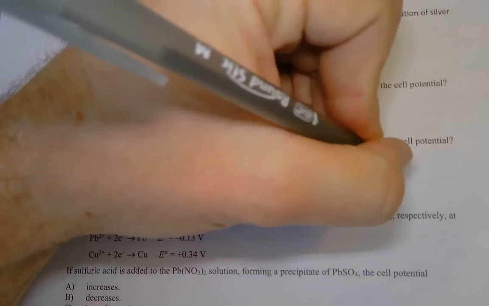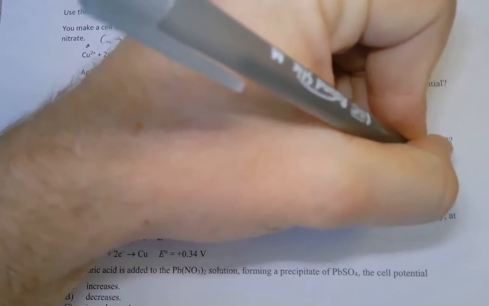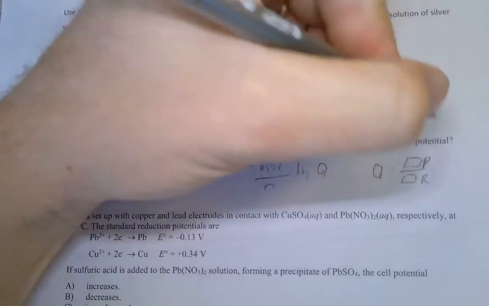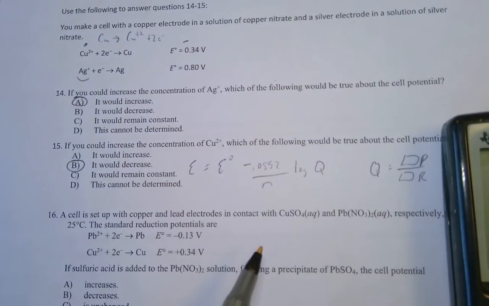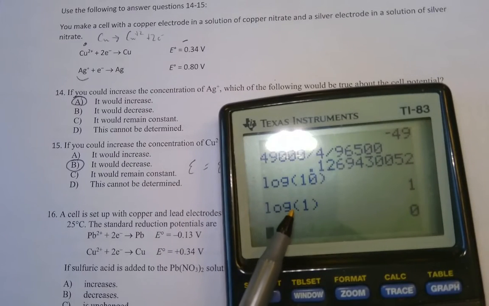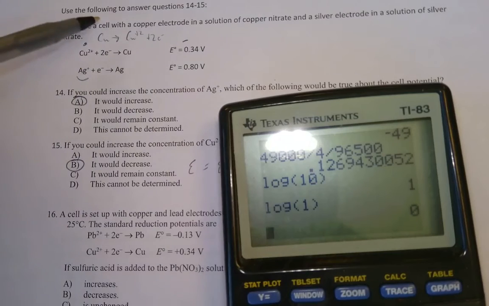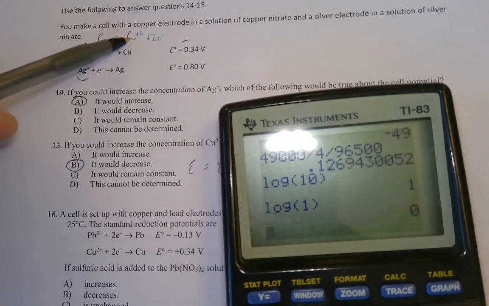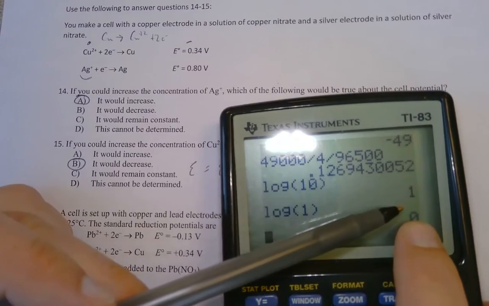Q is going to be products over reactants. So as Q gets larger, if I take log of 10 instead of log of 1, log of 1 is 0, right? So as I add more to my products, as I add more to my copper, that's going to increase this log value in a positive fashion.